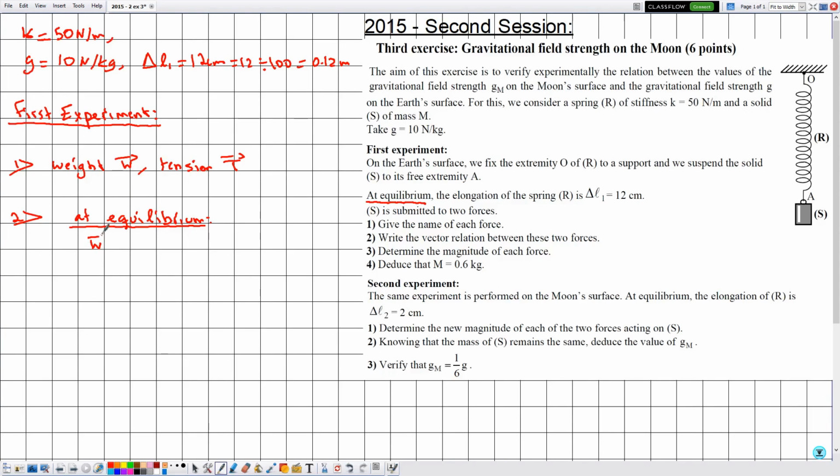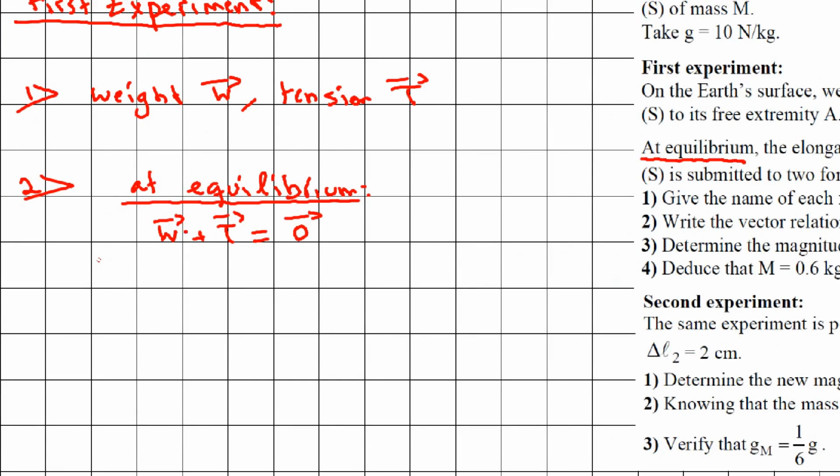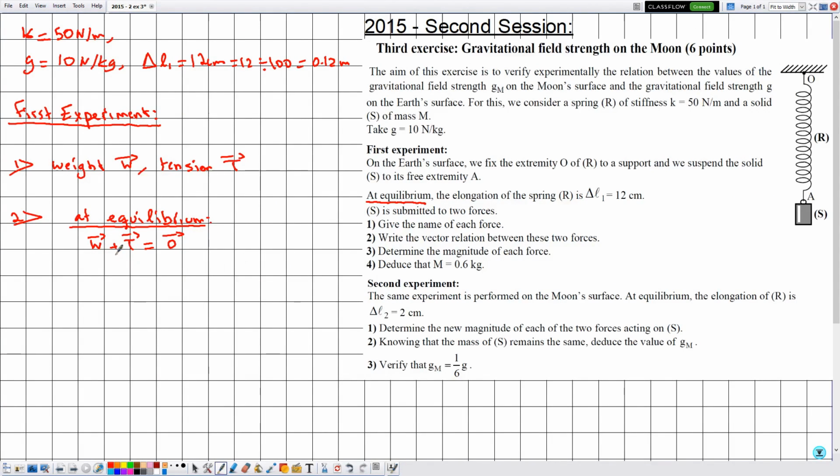So let's say W plus tension is equal to, because it is at equilibrium, then on the right hand side we'll write the zero vector. Here, because on the left we have vectors, then on the right the zero must also be a vector. Now moving T to the right hand side, so W vector is equal to minus T vector.